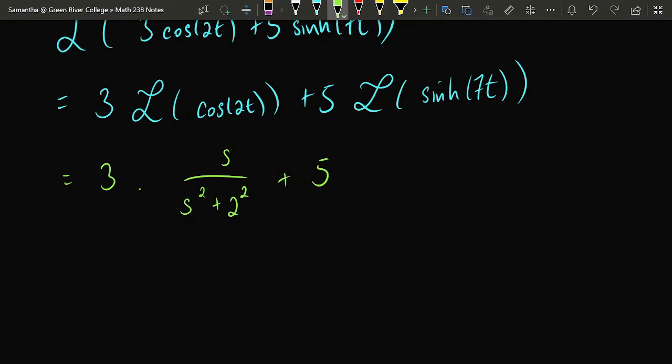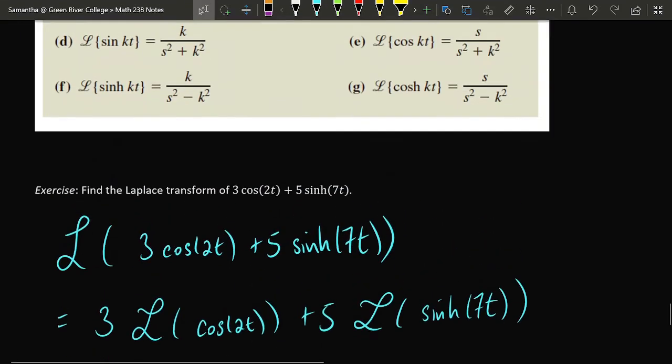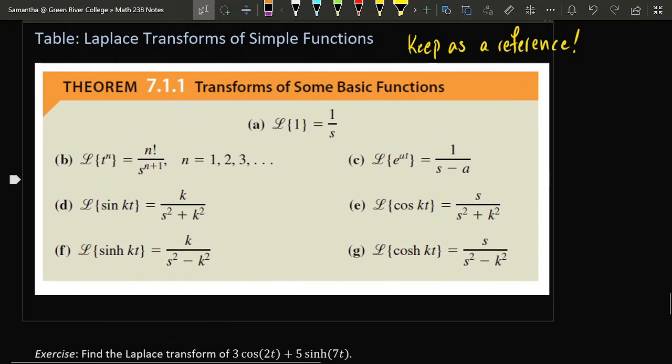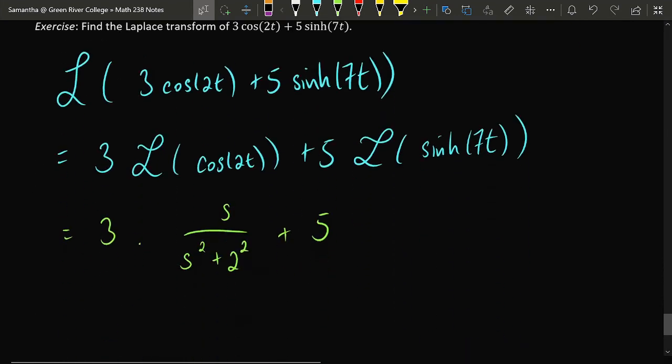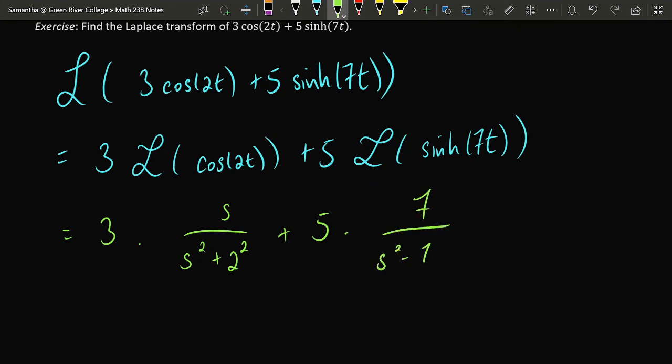What to do with the Laplace transform of sinh of 7t? Let's go to the table. The table says that the transform of sinh of number times t is equal to number divided by s squared minus number squared. So for 7t, 7 divided by s squared minus 7 squared.